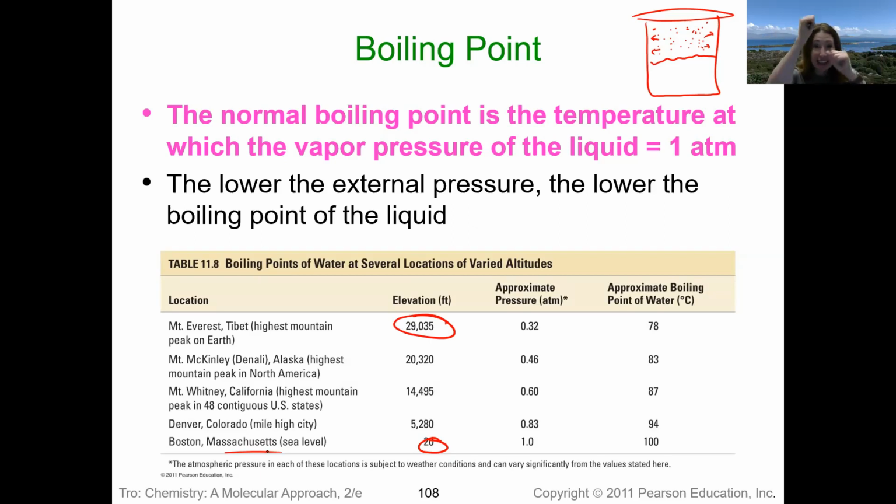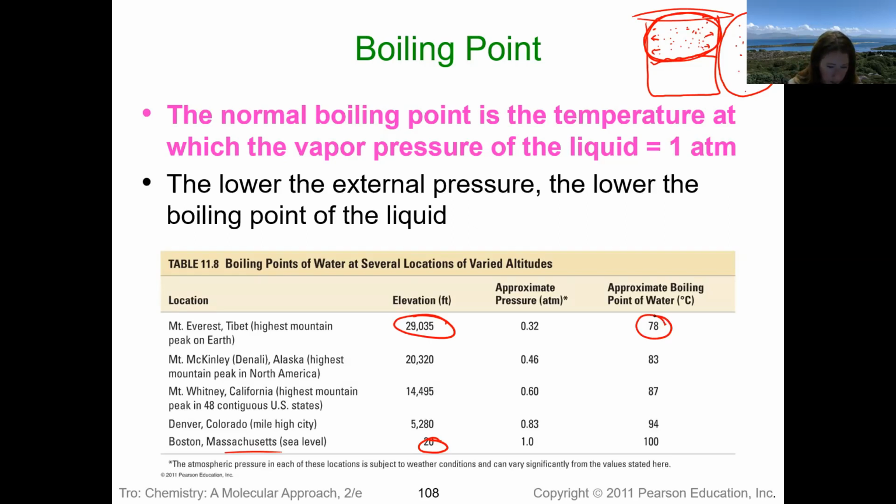If there are fewer things, there's less pressure. Where we are, when the number of molecules inside is the same as the molecules outside, water boils at 100 degrees. But on Mount Everest, when the number of molecules inside is the same as the number outside, water boils at 78 degrees.